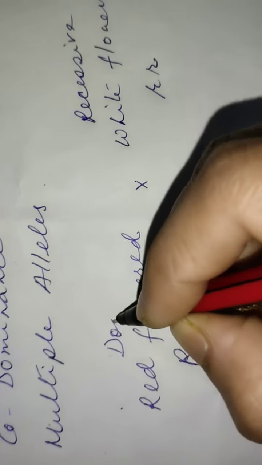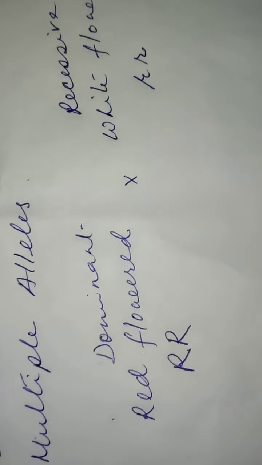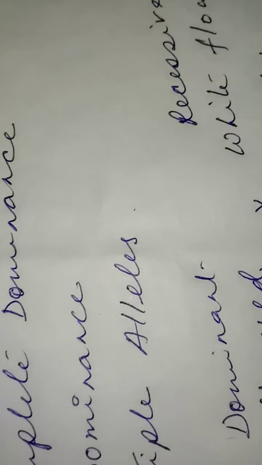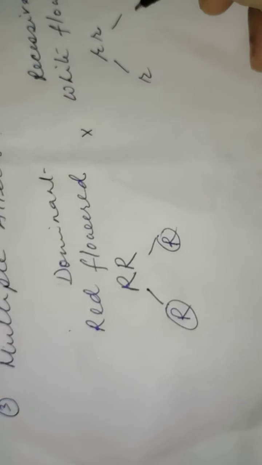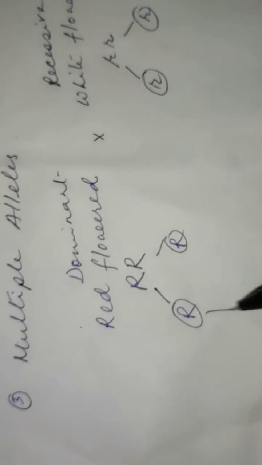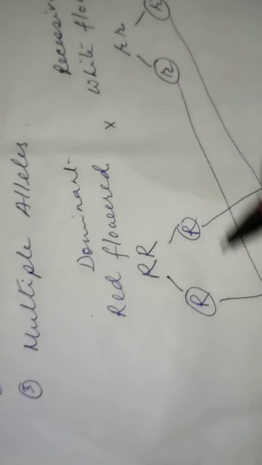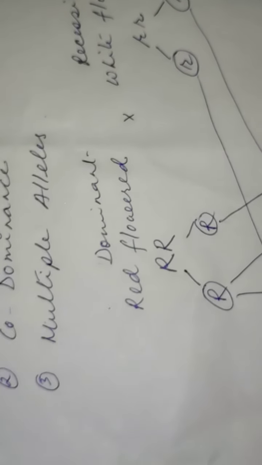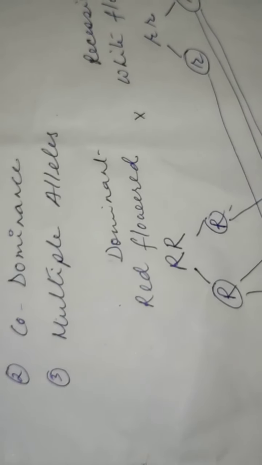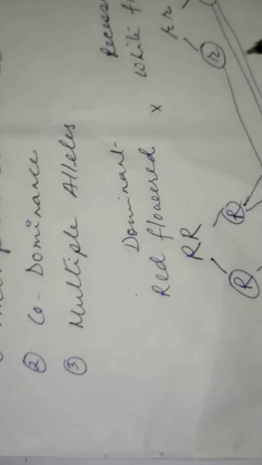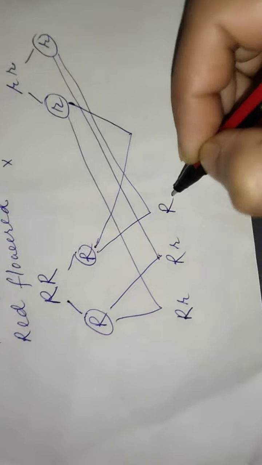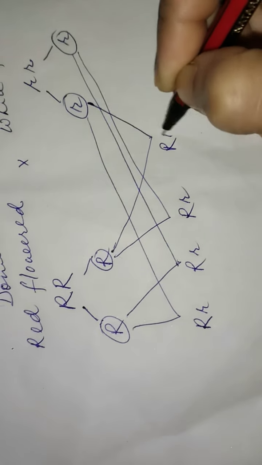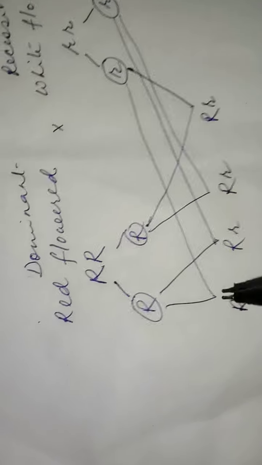So when these two are crossed, the gametes will be capital R and small r. Again, in the F1 hybrids, all the plants are capital R small r. I am showing here roughly capital R small r.